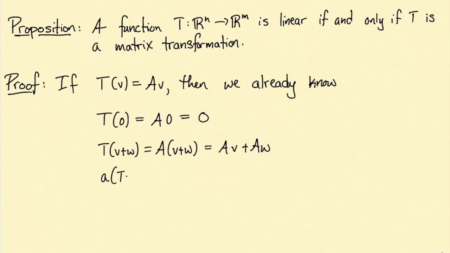And finally, the order of scaling is interchangeable when we're doing matrix and vector multiplication. So this demonstrates that a function defined from Rn to Rm by an m by n matrix A is in fact a linear function.